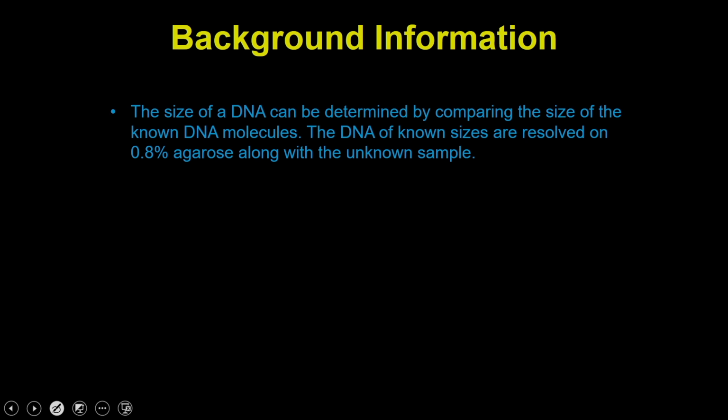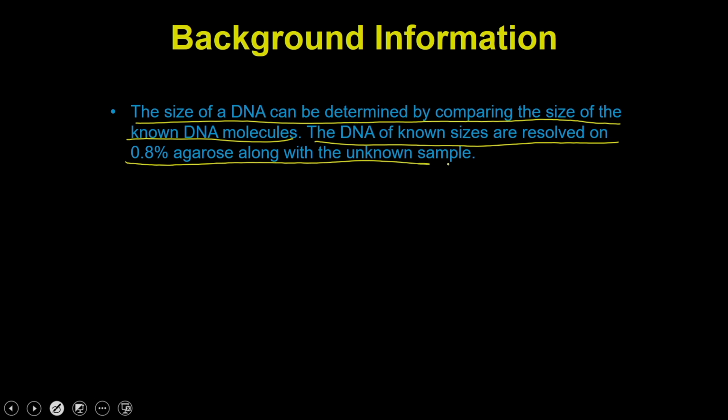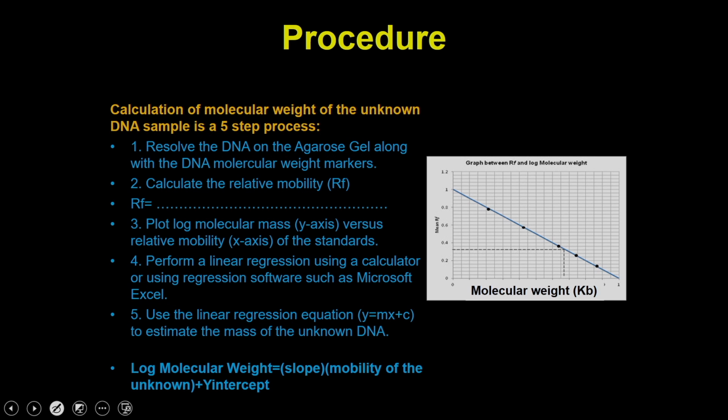The size of a DNA can be determined by comparing it with the size of known DNA molecules. The DNA of known sizes are resolved onto 0.4% agarose along with the unknown samples. What you have to do is first resolve the DNA on the agarose gel along with the DNA molecular weight markers.